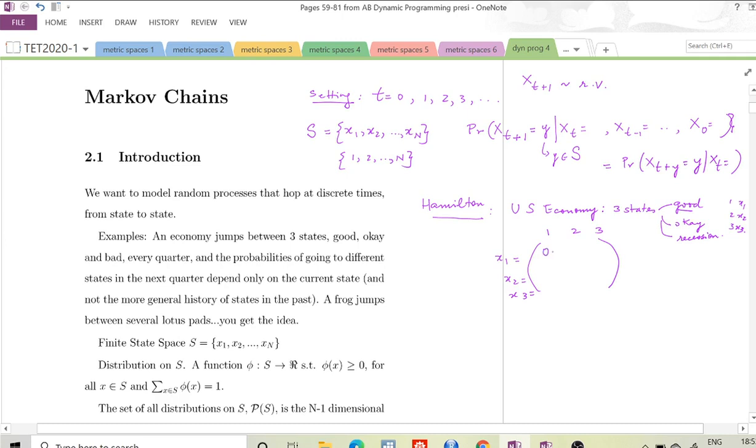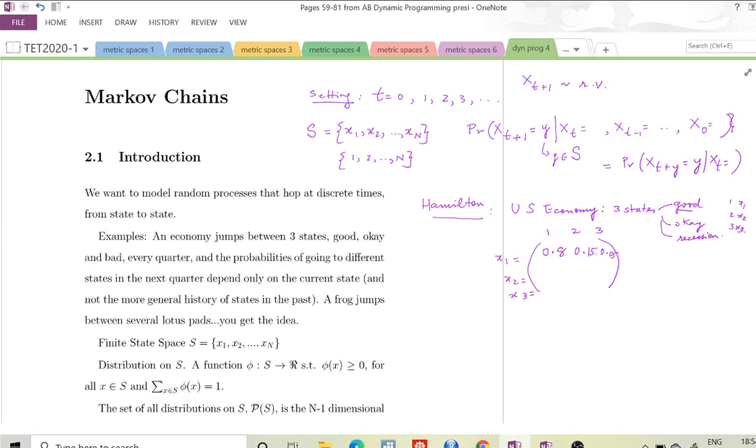Okay, I'm just putting in arbitrary numbers here. What is the probability, given that it's good today, that it will be okay tomorrow but not good? And what is the probability that there will be a recession? Okay, so let's say something like that. You can fill up 6 other numbers. This will completely describe this very simple model of the US economy, right?